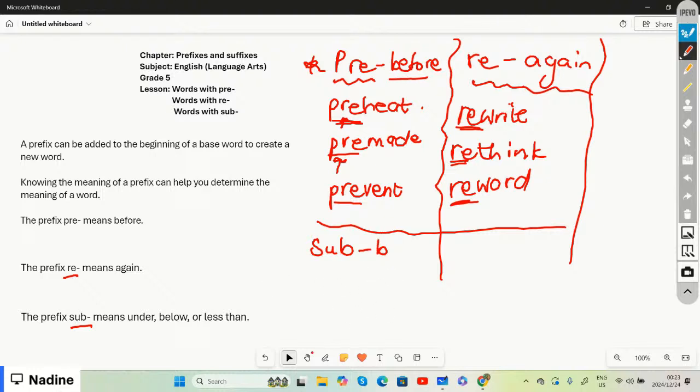The word sub, or let's say the prefix sub, it means below. So sub means below, or we can say it is less than.